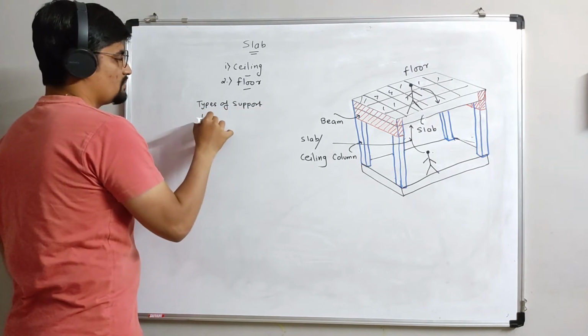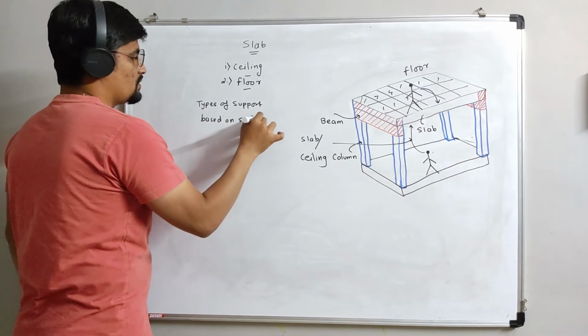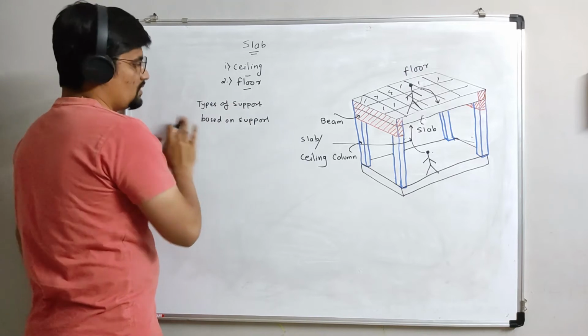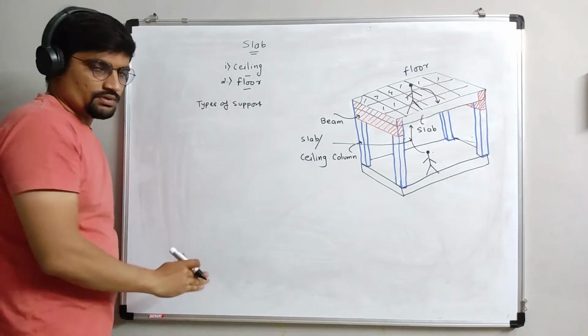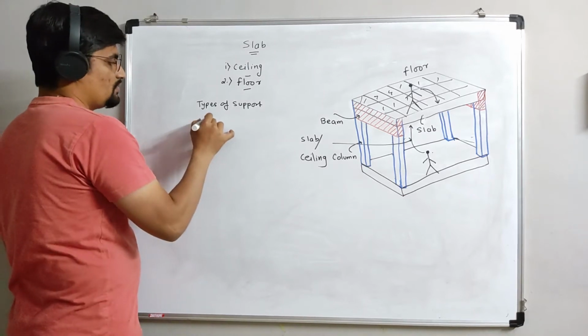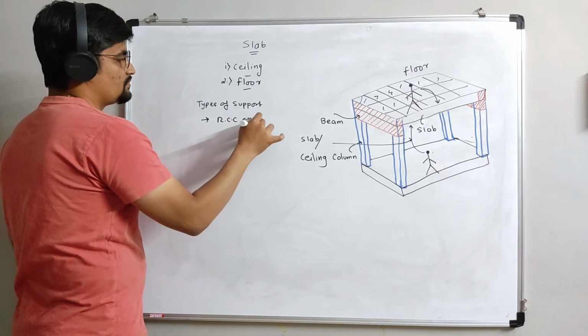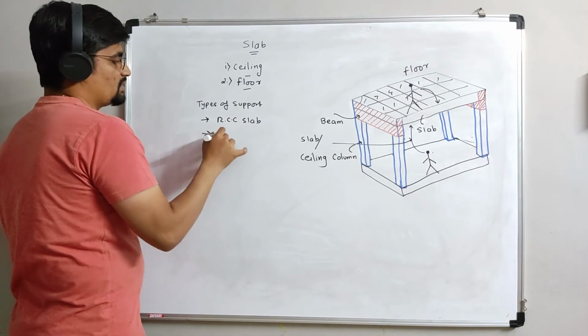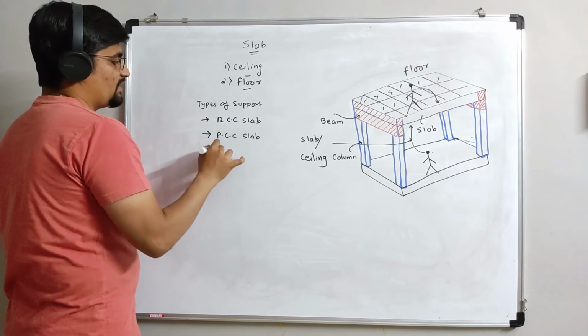First of all, I will list some types of slab: RCC slab, PCC slab, flat slab.